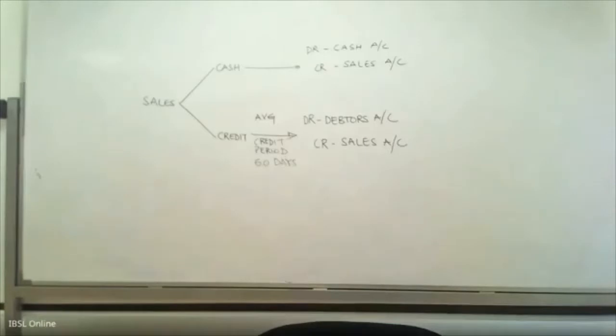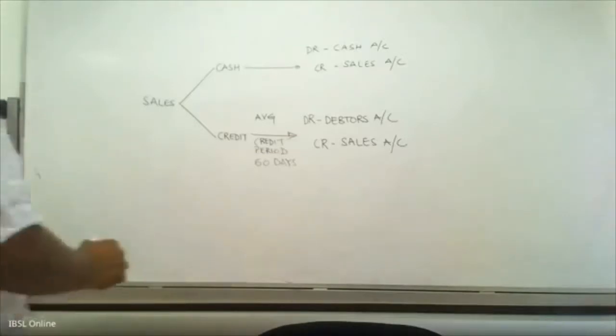We take the scenario that this customer or the debtor is not going to pay you, or his heirs, maybe his wife or whoever, we assume that they are not going to pay you because they don't have any other source of income. So with the death of this person, you are not going to get the money. Now that is a loss to you. That loss in these types of businesses is known as bad debts.